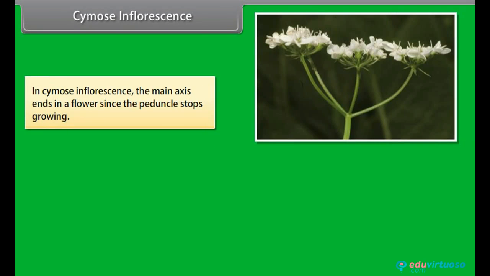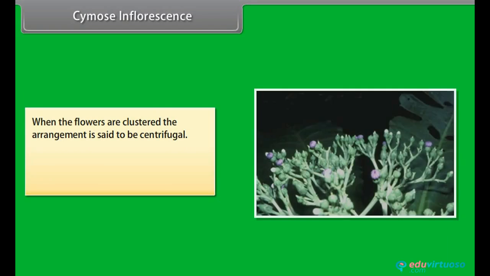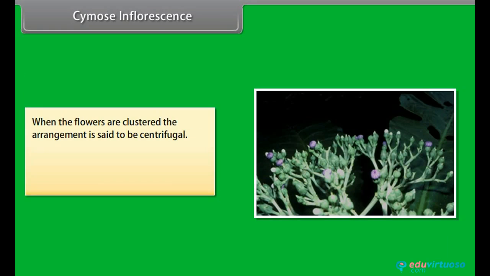Cymose Inflorescence. In Cymose Inflorescence, the main axis ends in a flower since the peduncle stops growing. The flowers show basipetal succession. The oldest flower is at the apex and the youngest towards the base. When the flowers are clustered, the arrangement is said to be centrifugal.